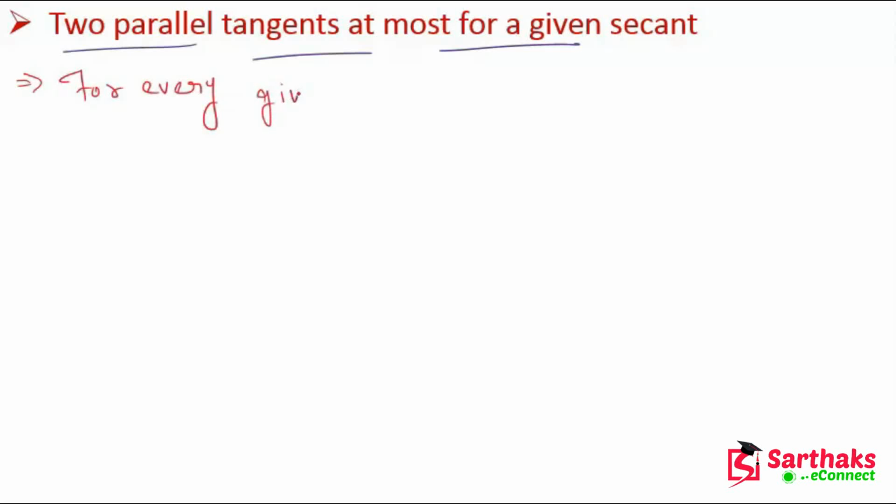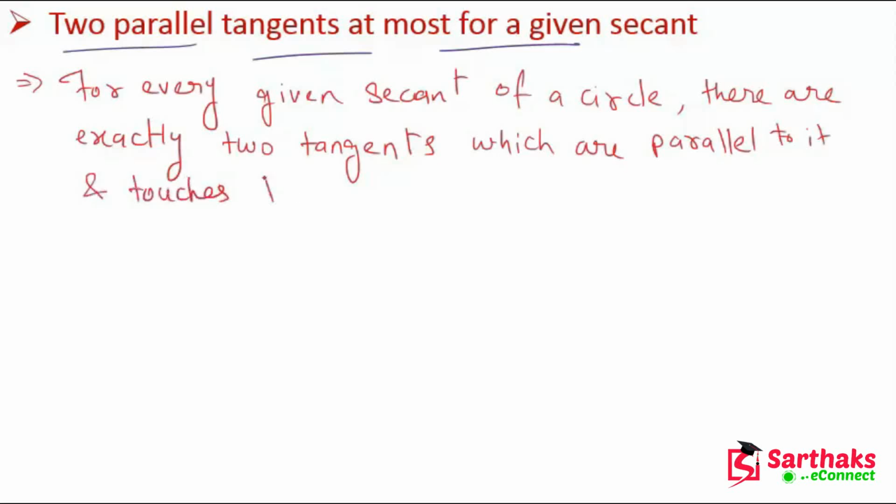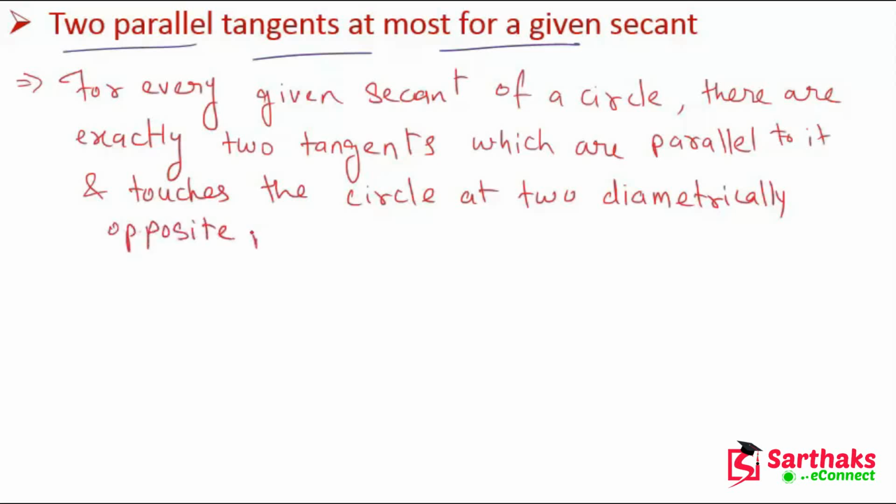For every given secant of a circle, there are exactly two tangents which are parallel to it and touch the circle at two diametrically opposite points.